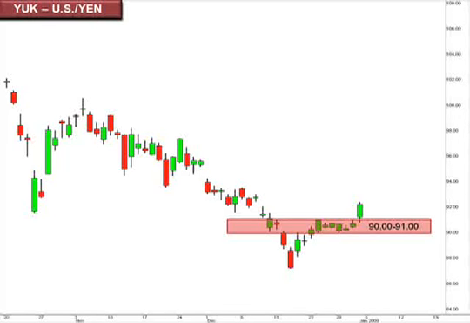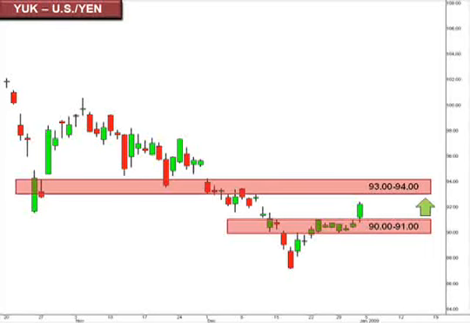Now, at this point, it would not be unrealistic to see a bit of a pullback after such a bold move down into the support level identified here at the 90 to 91 range. If support is found here, then there is a high probability that the YUK, the US versus the Japanese yen, will play up into this 93 to 94 focal zone.